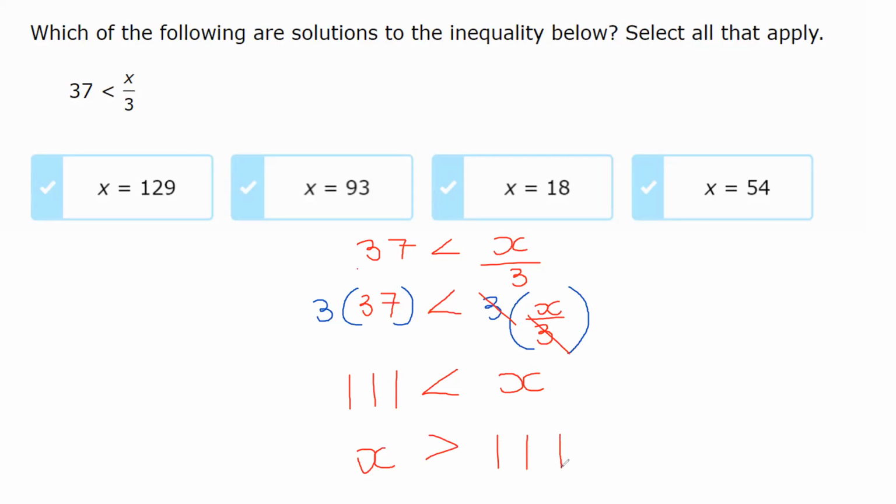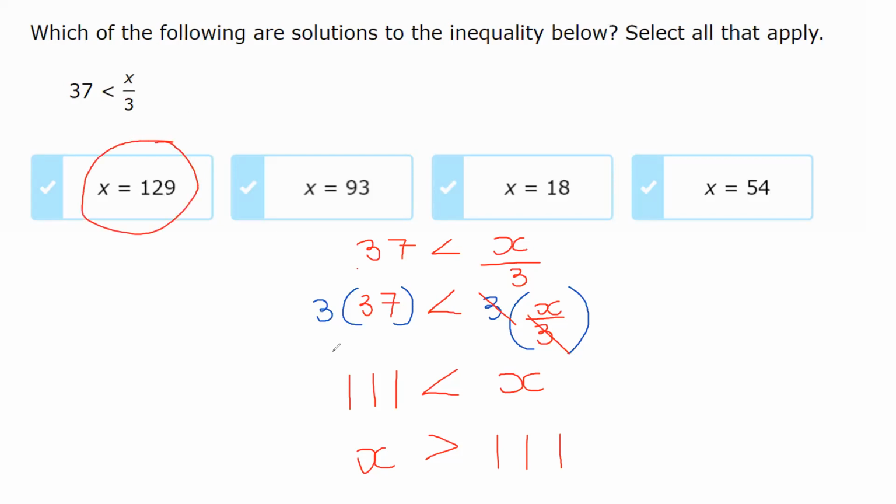And since x is greater than 111, which one of these numbers would satisfy the inequality? The first one. X is equal to 129. Very good. X is equal to 129.